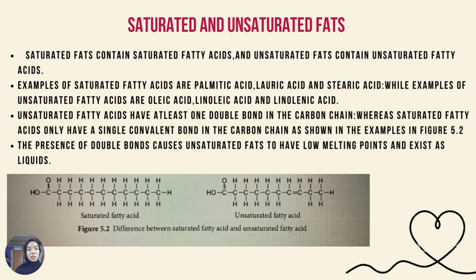Saturated fats contain saturated fatty acids, and unsaturated fats contain unsaturated fatty acids. Examples of saturated fatty acids are palmitic acid, lauric acid, and stearic acid, while examples of unsaturated fatty acids are oleic acid and linoleic acid.